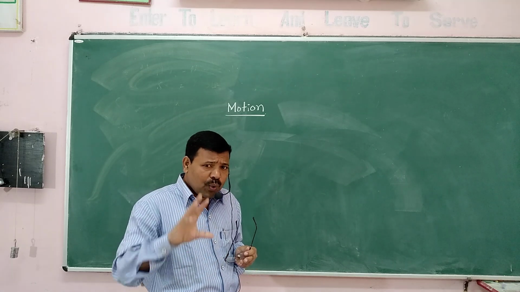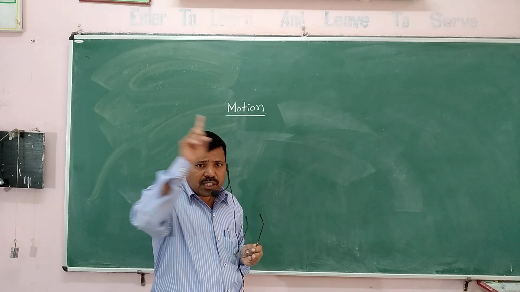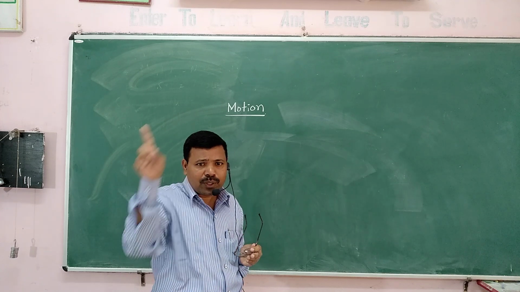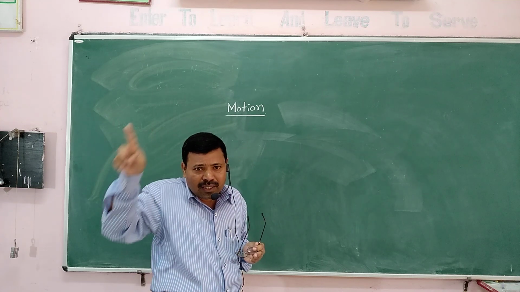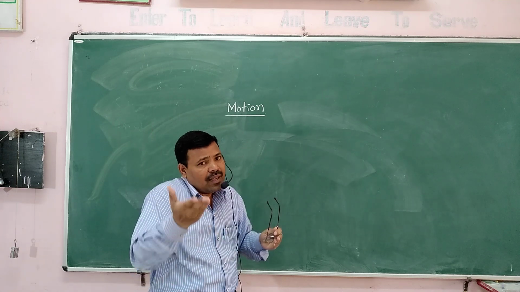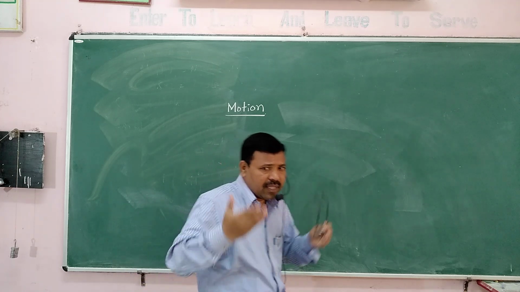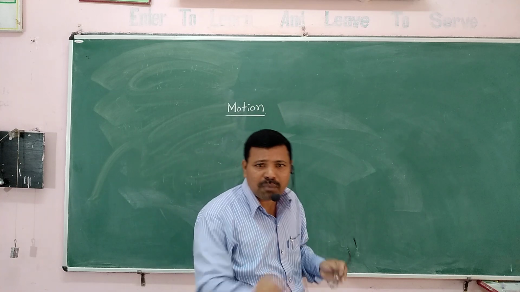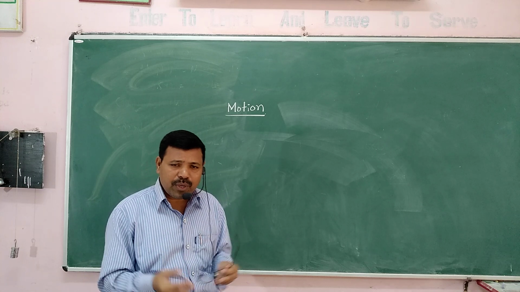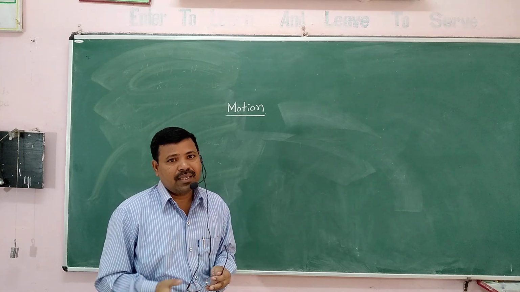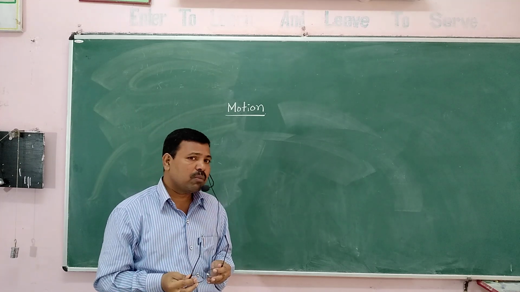We also know about the circular motion of the moon, the circular motion of an electron around the nucleus, the circular motion of a satellite around a planet. What is circular motion? Any object that moves in a circular path is said to have circular motion. The motion of the moon around the earth is circular motion.